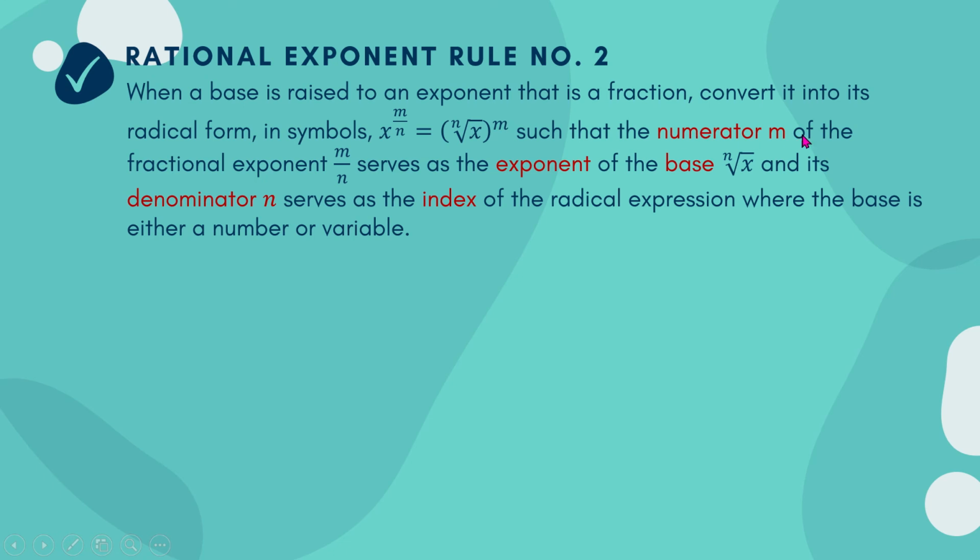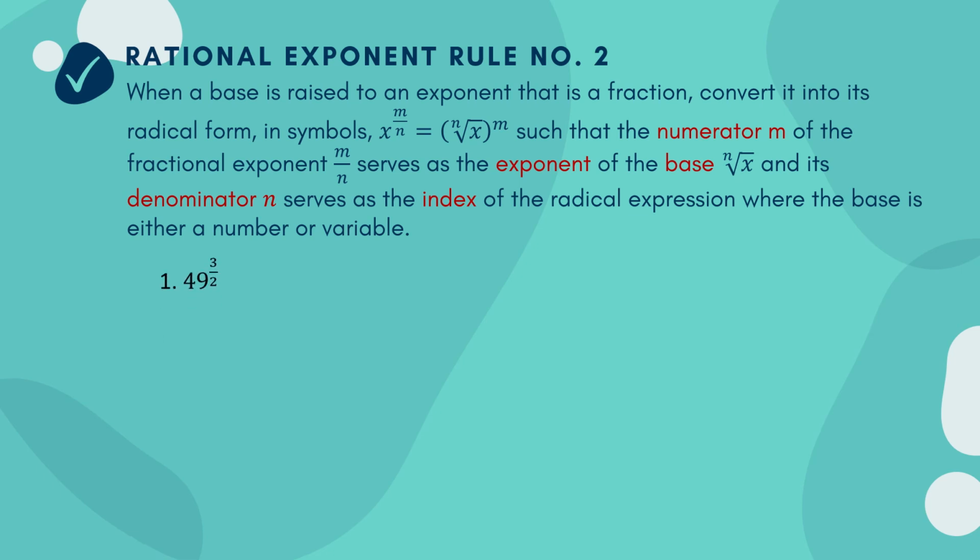Such that the numerator m of the fractional exponent m over n serves as the exponent of the base, the nth root of x. And its denominator n serves as the index of the radical expression where the base is either a number or a variable. So in this representation, our base is x. Okay.